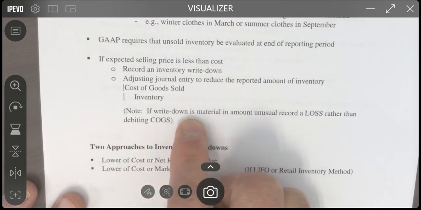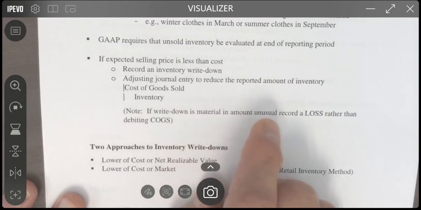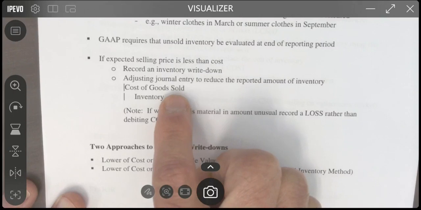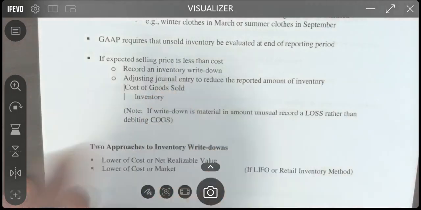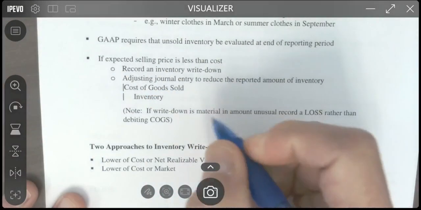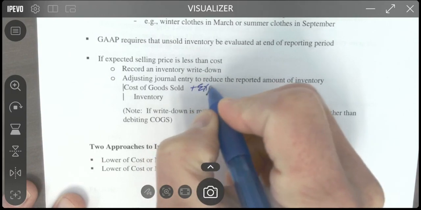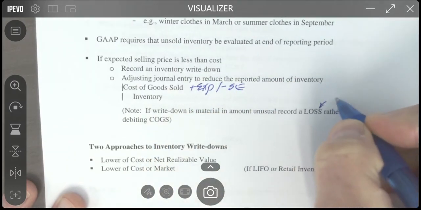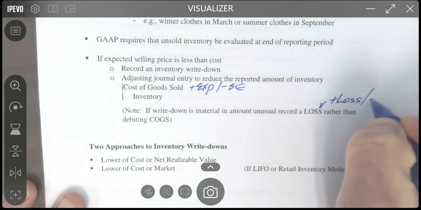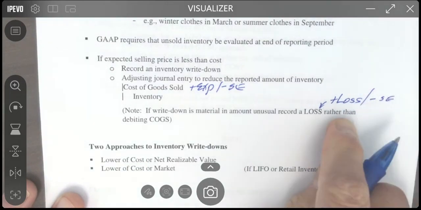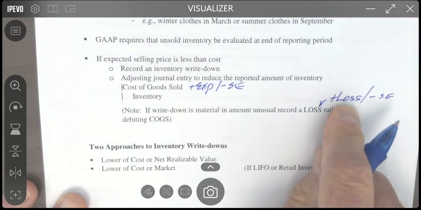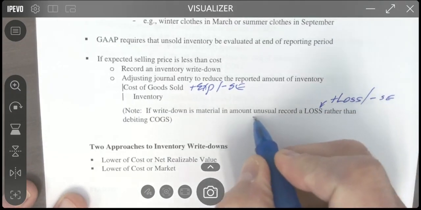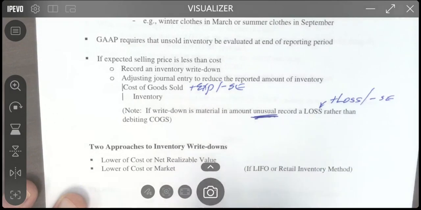Debiting cost of goods sold is plus expense, minus stockholders' equity, whereas this is plus loss, and again, still minus stockholders' equity, but it places the write-down in a different place on the income statement because it is considered rather unusual.